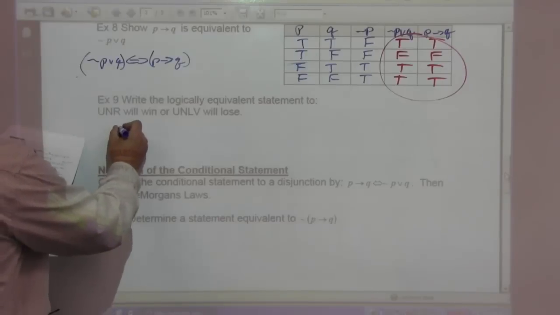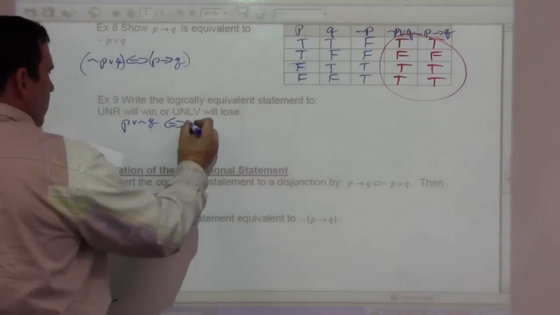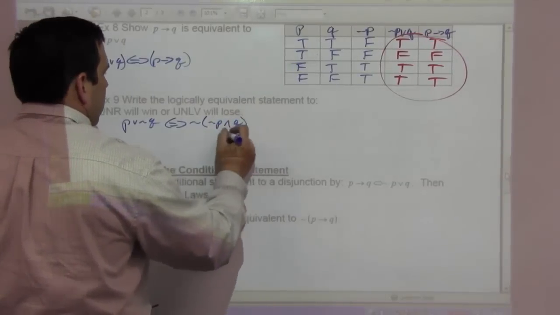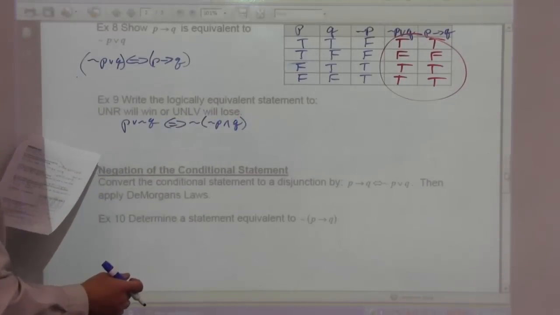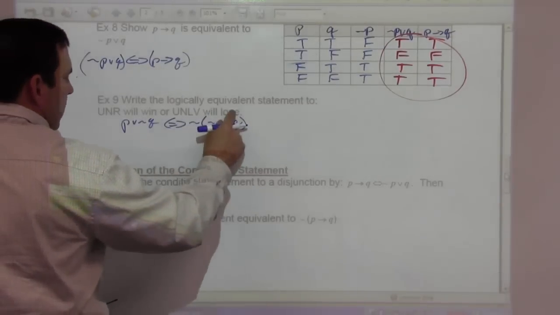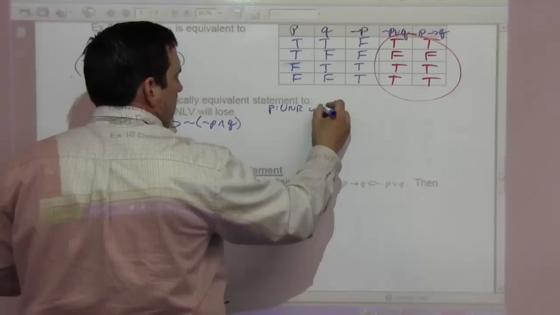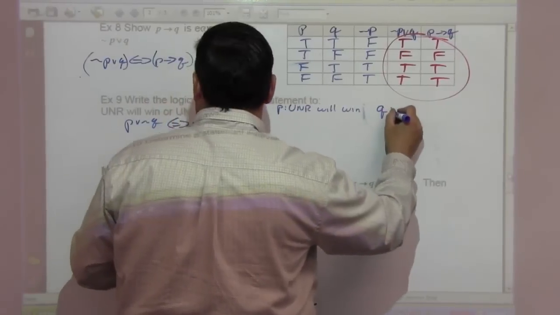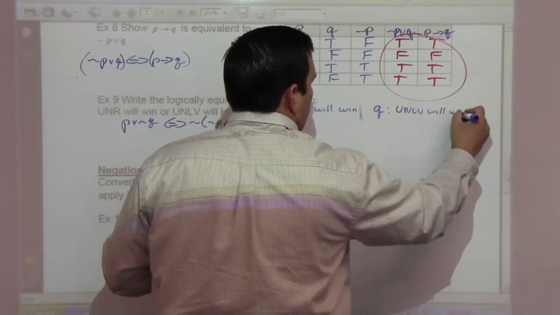So what we have here is a P or not Q statement, and that's going to be equivalent to the negation of not P and Q. So our P would be UNR will win, and Q would be UNLV will win.